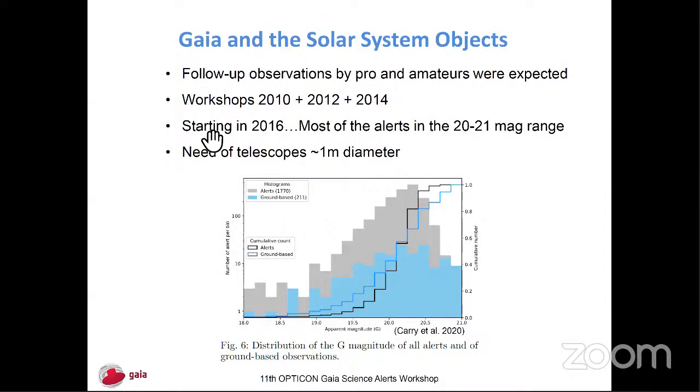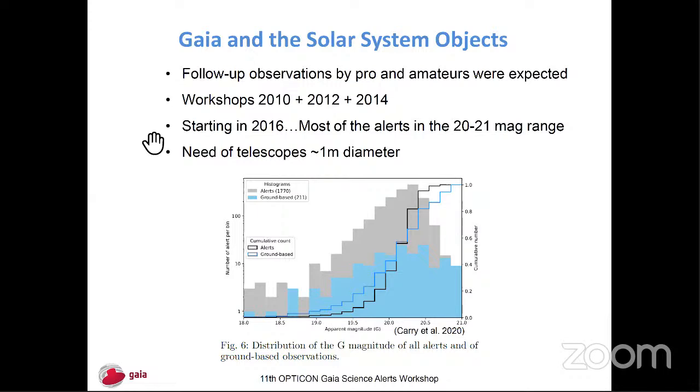Well, we prepared the people long ago. We had three workshops in order to make the observers sensitive to this activity, but the alerts really began to be triggered at the end of 2016.